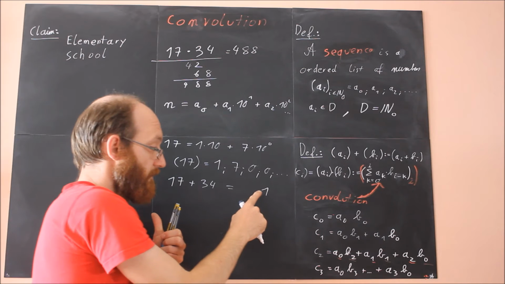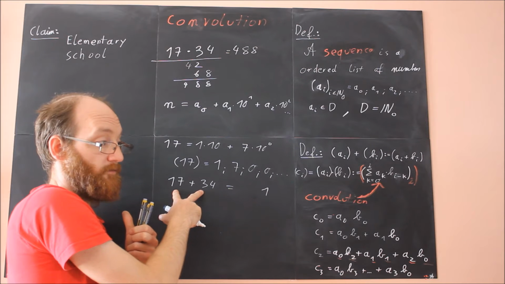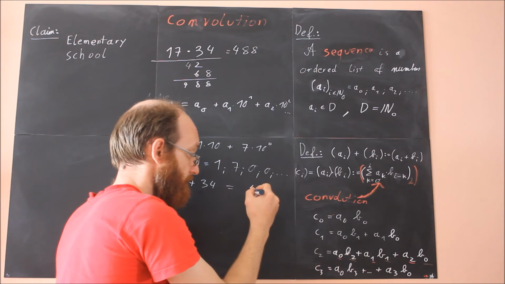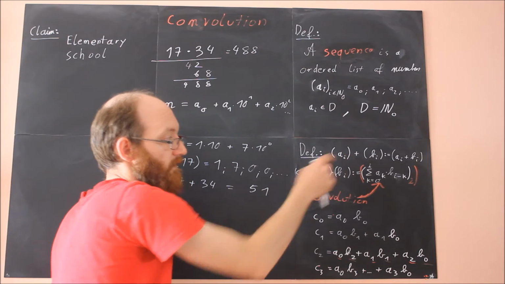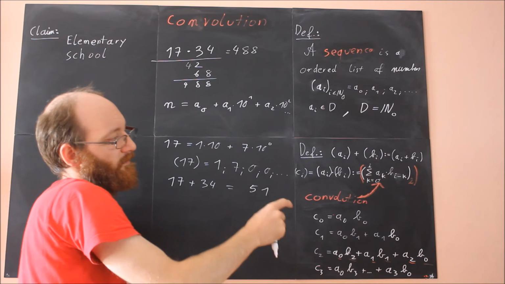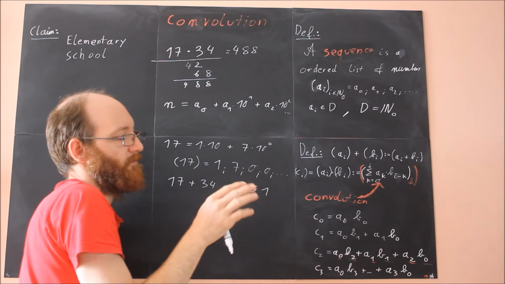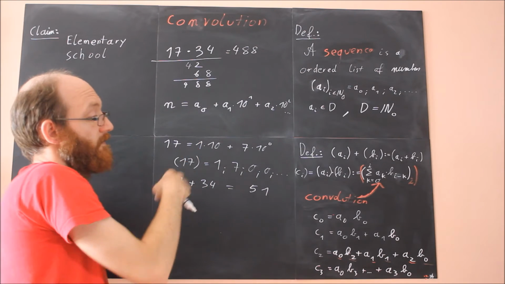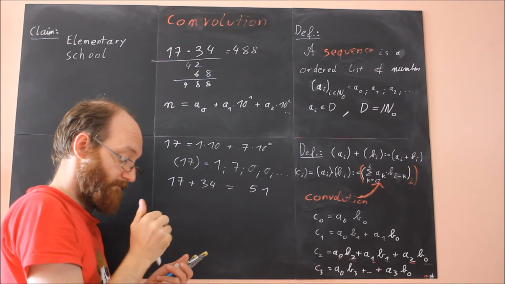Then the position 10 to the power 1 we get by the sum of the two 10 to the power 1, so 1 plus 3 is 4 and plus the carry is 5. This is exactly this definition up to the carry, but I will not take care here of the carry. You can write down the carry, but it becomes quite messy and I do not want to take care so much about the carry. So here the addition of two natural numbers is exactly the same as our definition of the two lists.